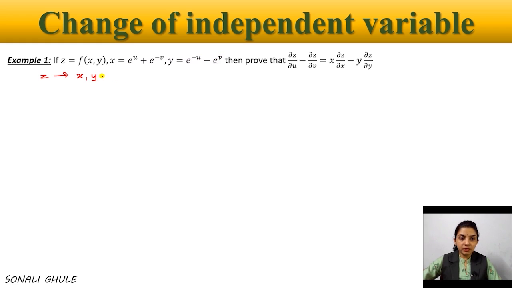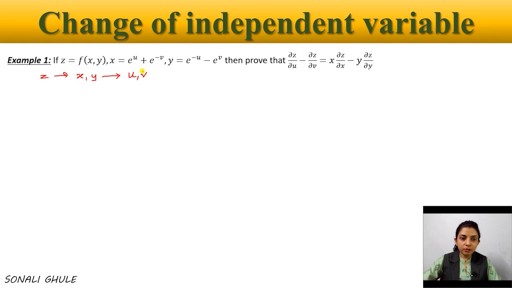Means your x and y are functions of u, v. And we have to prove here dou z by dou u minus dou z by dou v is equal to x into dou z by dou x minus y into dou z by dou y. So this we have to prove.